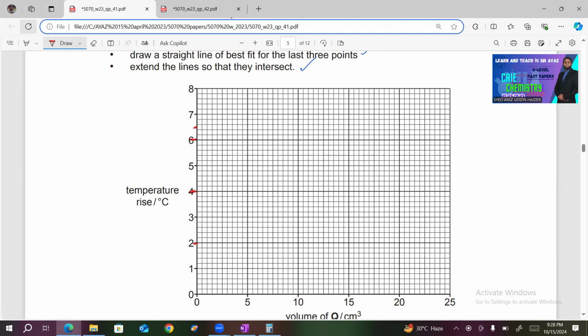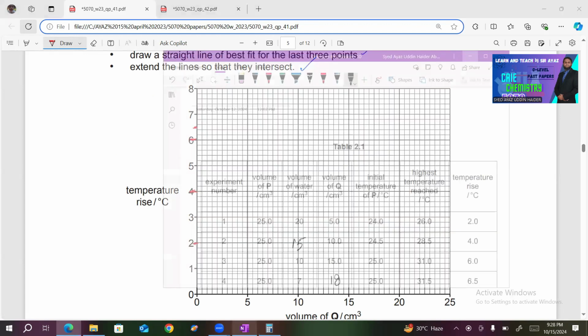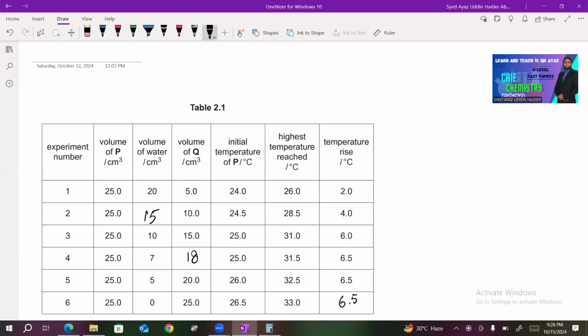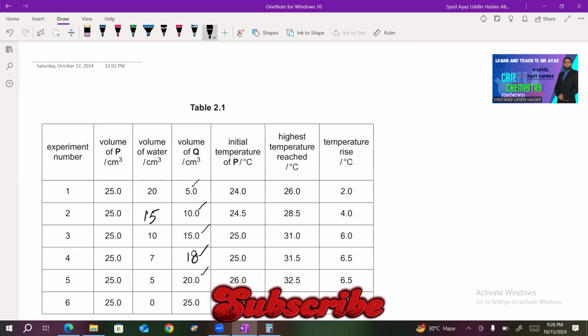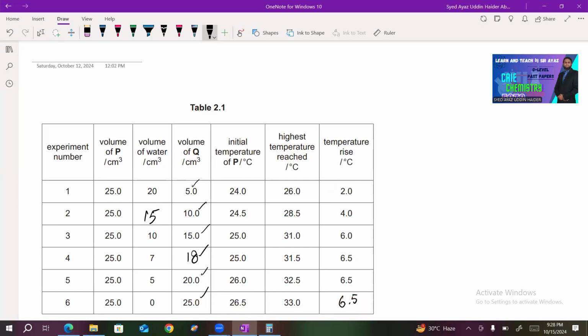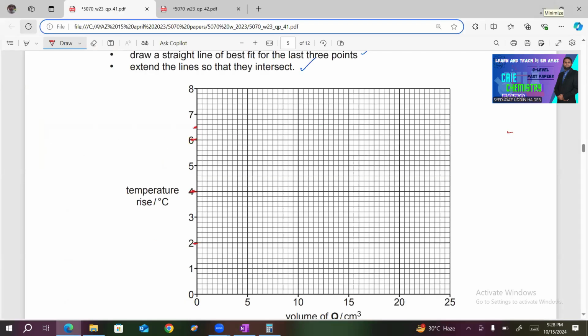What about the volume of Q? Here we have volume of Q. 5, 10, 15, 18, 20, 25.